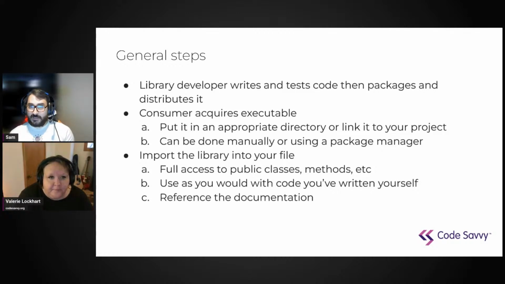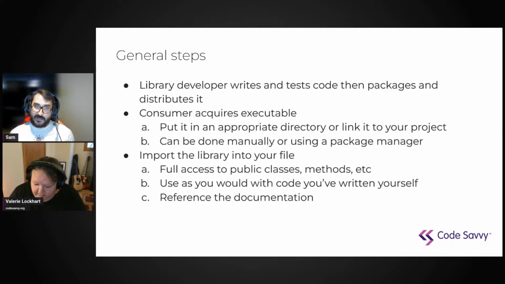After you've written and tested your code, then you're going to package it and distribute it. So, if you're a Java programmer, that might mean making a Java jar file. If you're a Node JavaScript developer, maybe you're making a Node module, could be a Python library. Somehow you're packaging it and creating an executable binary file, and you have to put it somewhere where people can find it.